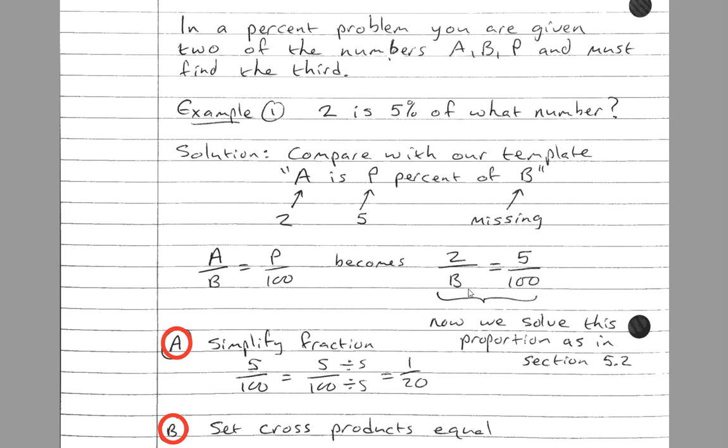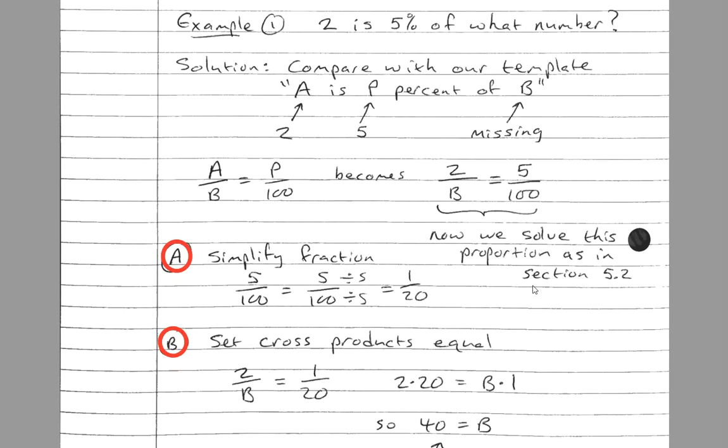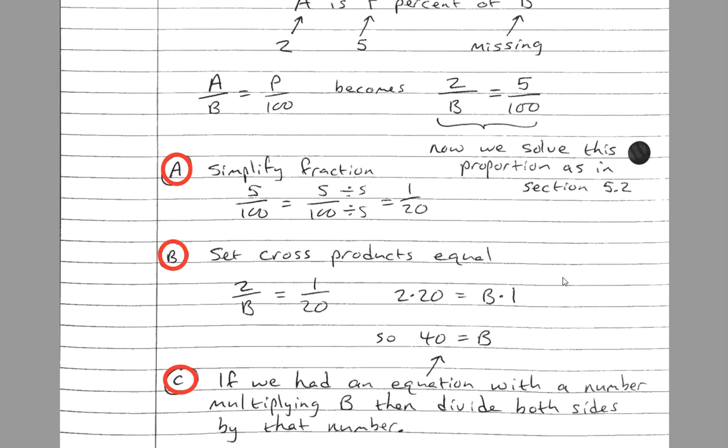Now we have to solve this proportion like we were doing in the last section. This is an application of solving proportions. Remember we had three steps we were using. To solve this, the first step is to look at the side that only has numbers.